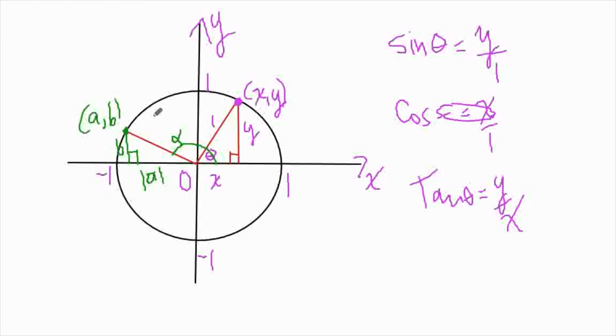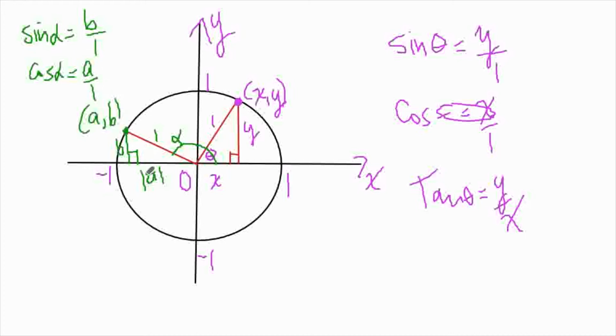Just like the other one, the sine of alpha is b over 1, since the hypotenuse is 1. The cosine of alpha is, now we don't use the absolute value of a, we use a over 1. So it's always the x coordinate.